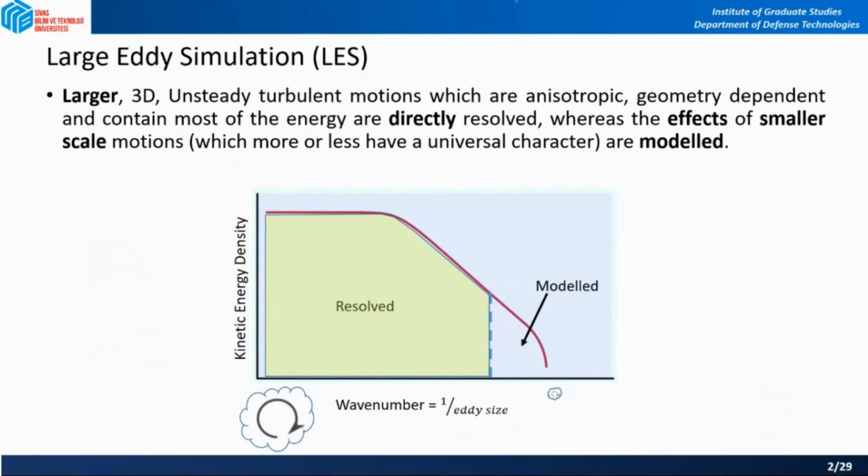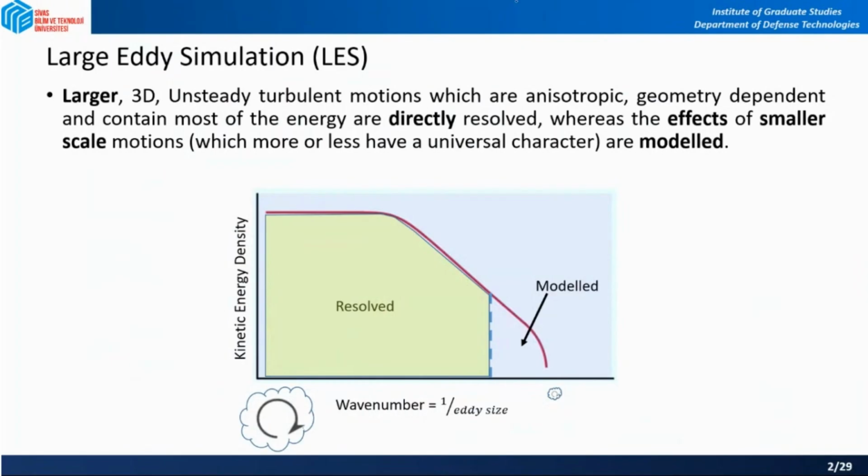The larger eddies highly depend on geometry, and we know this. And modeling an anisotropic, geometry dependent structure is very difficult because if you're able to model one problem, when you go to another slightly changed geometry in another problem, then the model won't work.